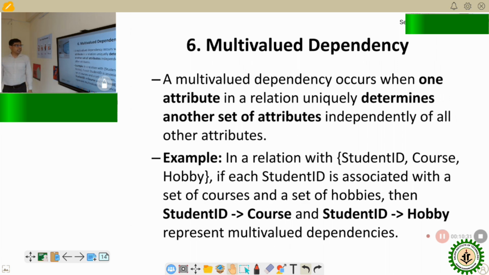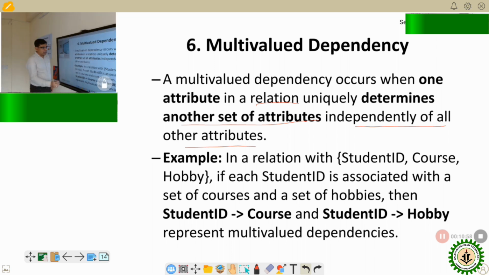Next is the multi-value dependency. Here, a multi-value dependency occurs when one attribute in a relation, means in a table, uniquely determines another set of attributes, not a single attribute, a set of attributes which are independent of all other attributes.